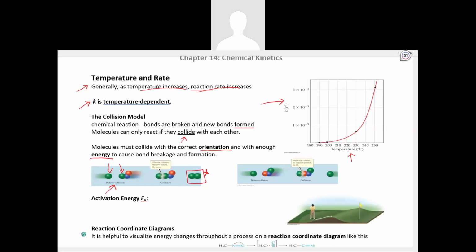So specifically what that's called is our activation energy. A short definition of activation energy is just the minimum amount of energy that is required for a reaction to occur. So again, that is your activation energy.